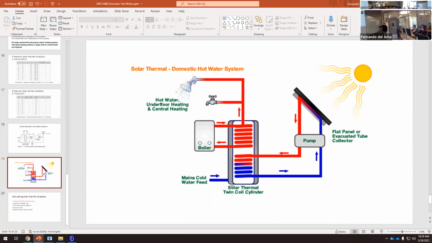It's the same water that comes through the solar collector. In theory, it's not dangerous, but if we are below the freezing point here, we need the anti-freezer, the same thing we have in our car.